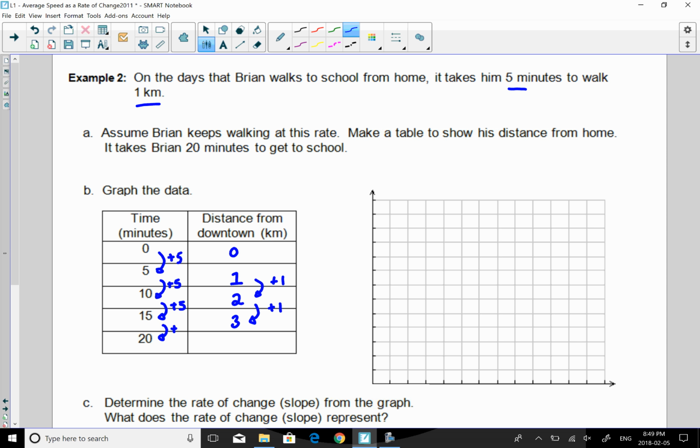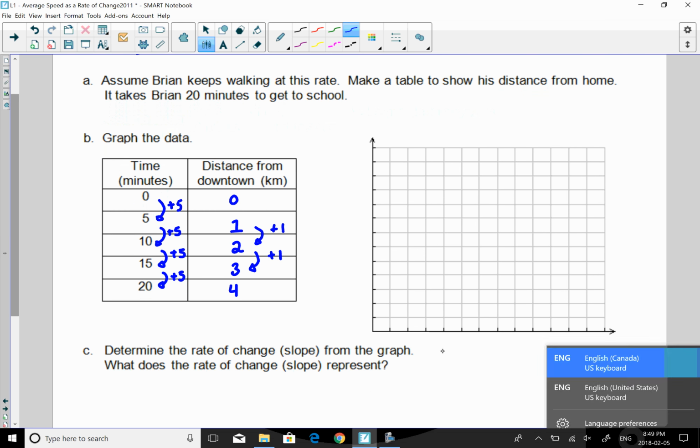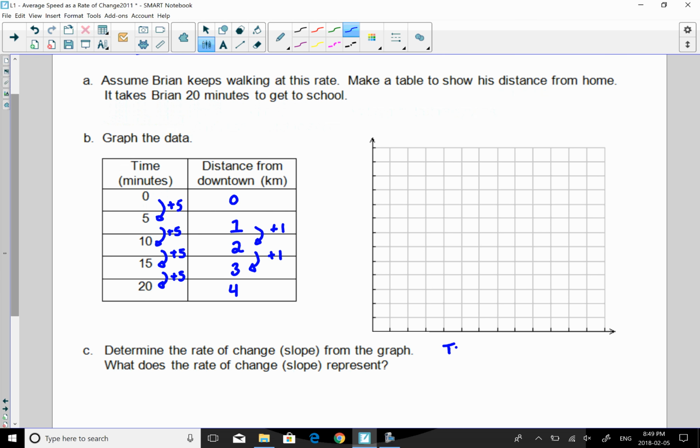Another 5 minutes pass, he's going to go another kilometer. Let's graph this. This is time. That's our independent. And this is distance in kilometers.